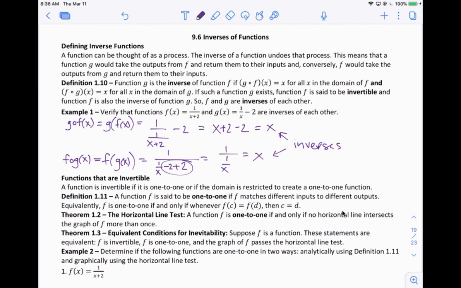If I plug in 2, I get 5. If I plug in 4, I get 3. You don't get, if I plug in 1, I get 2 or 6. That's not a function. So to be a function, you just need to get an answer. But to be a one-to-one function, when you plug in something, you get a unique answer.